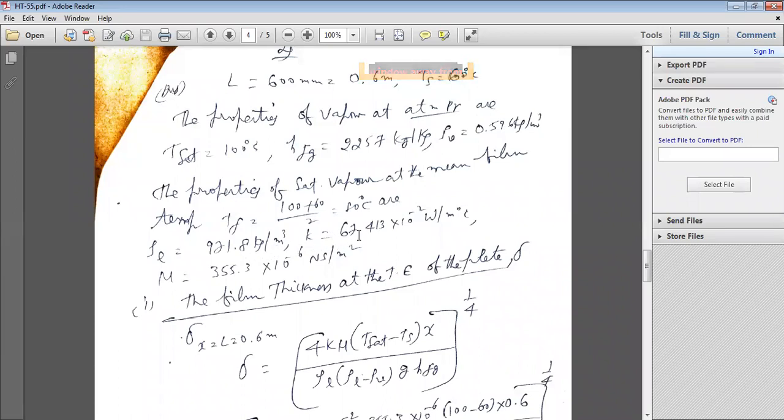Thermal conductivity of the liquid is 67.413 in 10 power minus 2 watt per meter Kelvin. And dynamic viscosity mu is 355.3 in 10 power minus 6 Newton second per meter square.